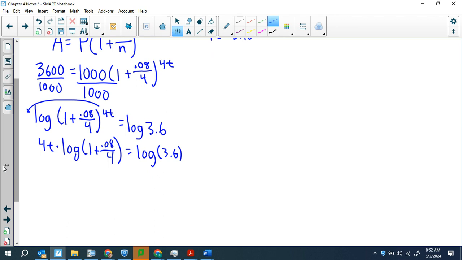So our goal is to get that t by itself. t is being multiplied by this log and is also being multiplied by 4. So we can undo multiplication with division all in one step. We're going to divide by 4 times log of 1 plus 0.08 divided by 4 on both sides.